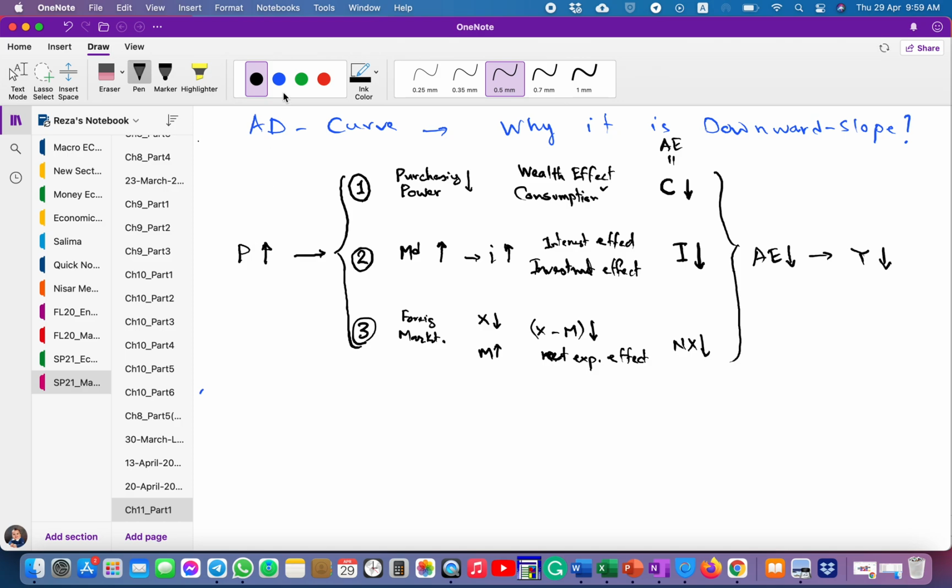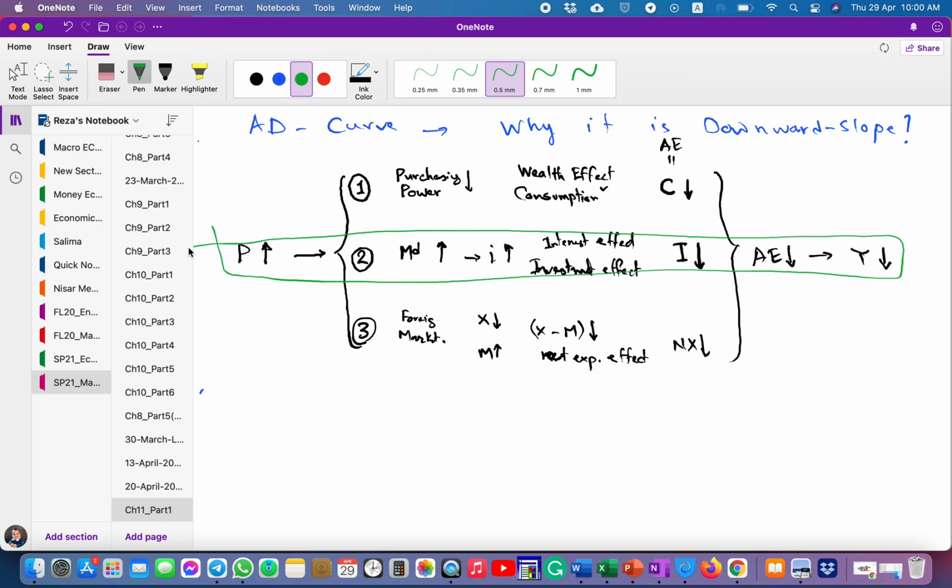So we explained above the mainstream here, but there are other reasons. The consumption or wealth effect, which the textbook is not explaining, but I give you as a freebie that this is also true. So there are three reasons that the components of the aggregate expenditure as a result of inflation will drop. And G we don't discuss because we assumed it is discretionary.